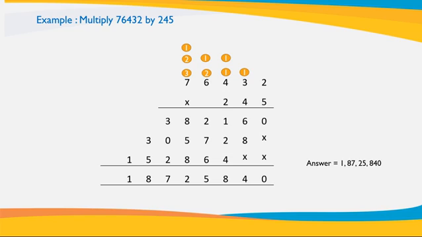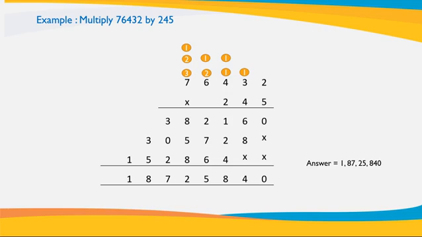So write 2 and move to the next place and take the carry over 3. 5 sevens are 35. 35 plus 3 is 38. So the number which you get after the first process of multiplication is 382160.